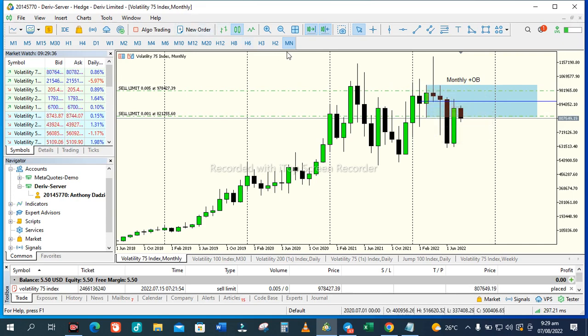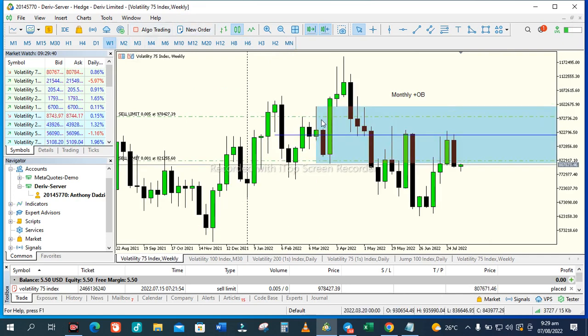Okay, so let's go down to the weekly time frame and let's continue filter down further and see what's happening. Right, so as you could see when we drew the monthly OB, this is what we had. Price has filled all the necessary gaps and the necessary liquidity has been taken, so we are in for a sell.